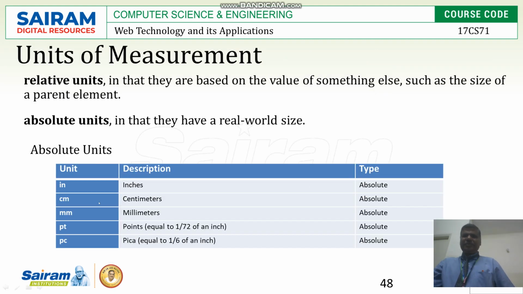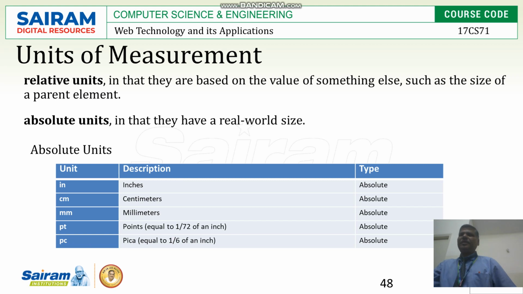Units and measurements are there: inches, cm is centimeter, millimeters, points, and PC is pica. A point is 1/72 of an inch, and 1/6 of an inch is a pica, which you can write with the font.